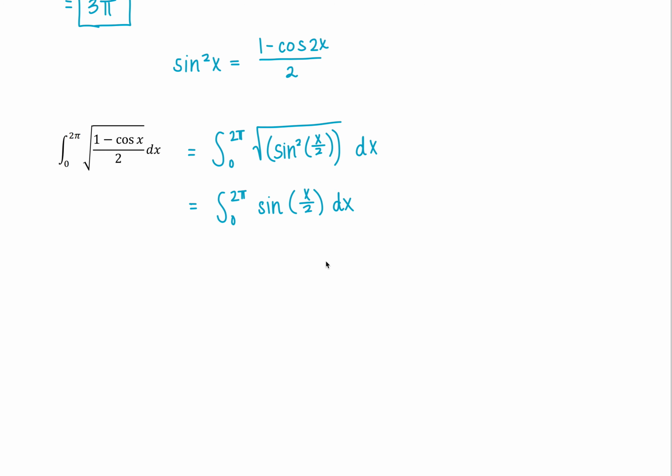And this is going to be very straightforward to integrate. Again, remember, I need the derivative of the x over 2, which would be just a 1/2. I don't currently have a 1/2, but I can introduce it inside if I bring a positive 2 on the outside.